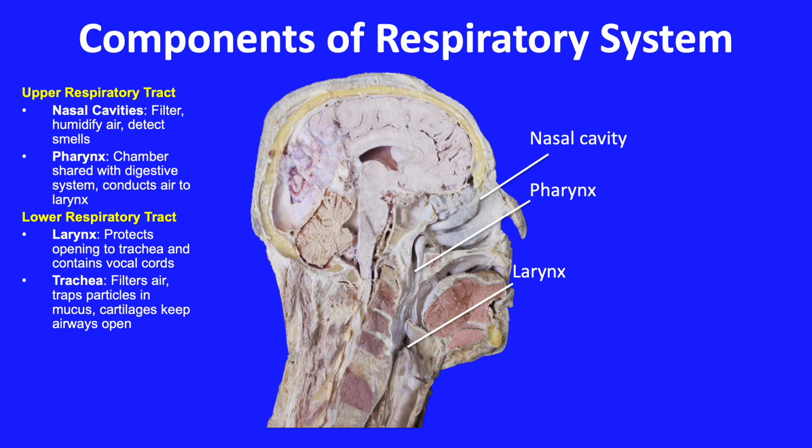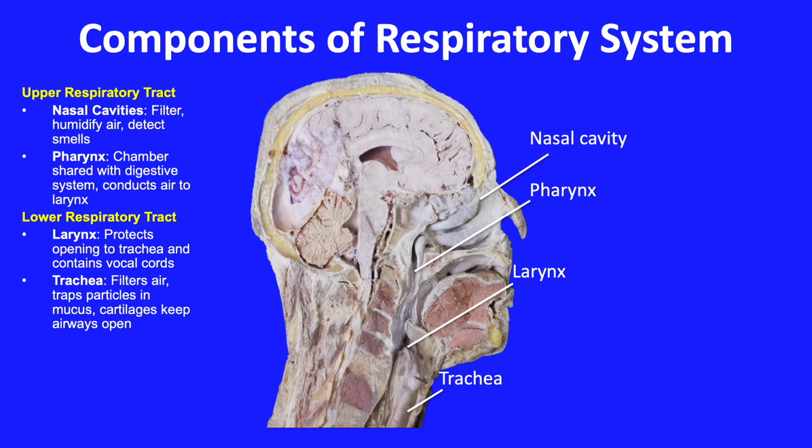The larynx helps to protect the opening to the trachea and contains the vocal cords. The larynx opens into the trachea, the second component of the lower respiratory tract. The trachea filters the air, traps particles in mucus, and its cartilage helps to keep the airway open.